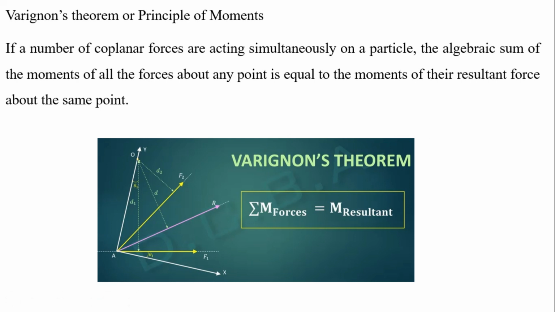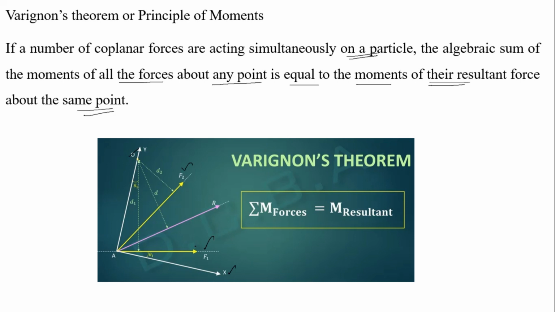If a number of coplanar forces are acting simultaneously on a particle, more than two or three, then the algebraic sum of the moments of all the forces about any point is equal to the moment of the resultant force about the same point, right? See here, this is the x axis and this is the y axis, and this is force 1 and force 2. Two forces are acting here, right?